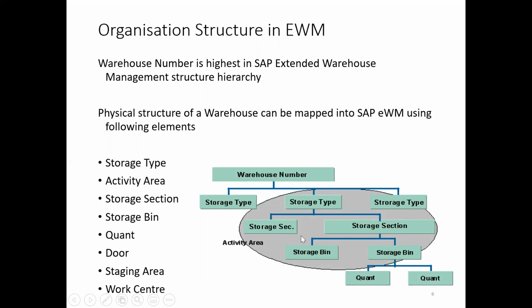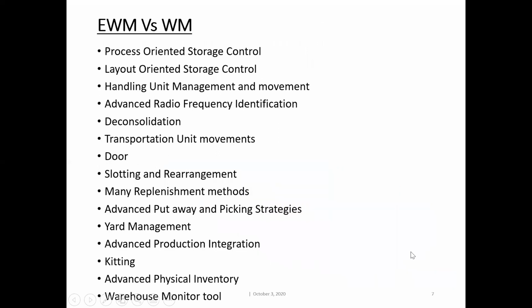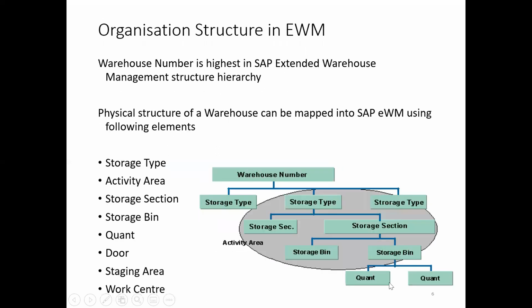So when we compare with the EWM, Ashish, just a second. What is quant? The quant is just the characteristics of the material. The last location where the stock is stored is the storage bin, and when the stock is stored in the storage bin, it generates the quant based on the characteristics of the material. If the material belongs to the same characteristics, you can still add to the same quant.